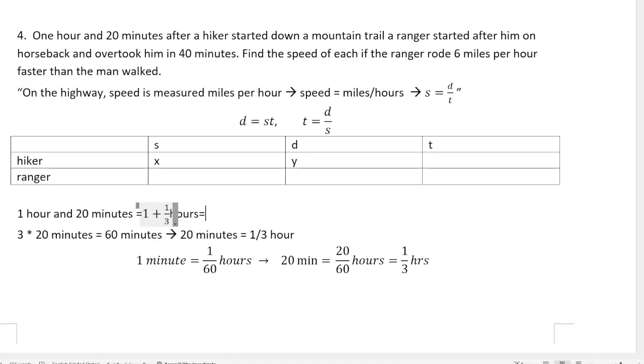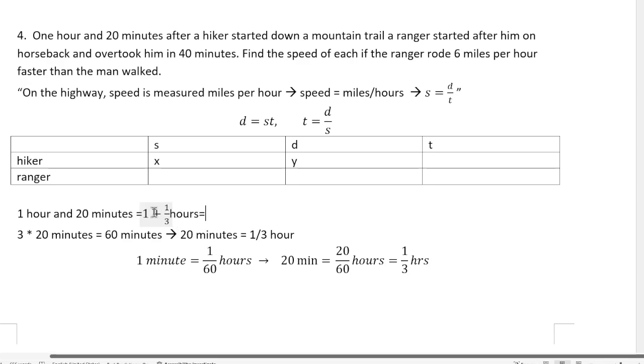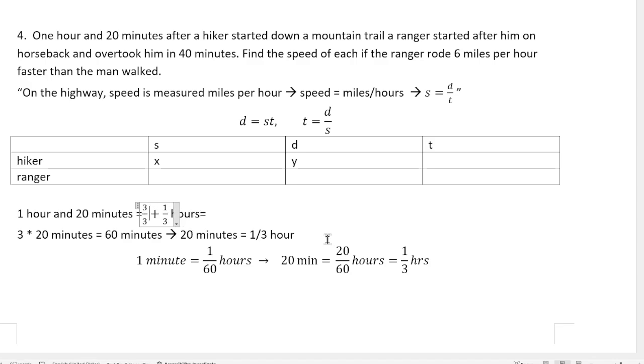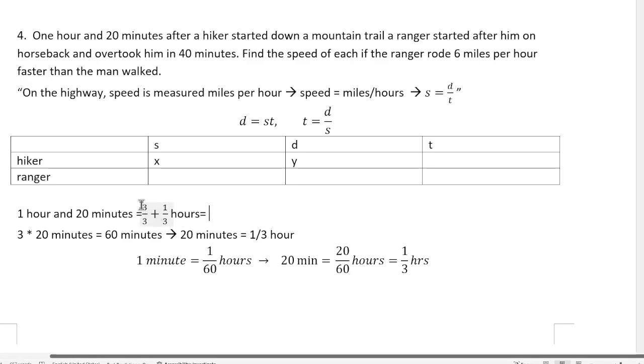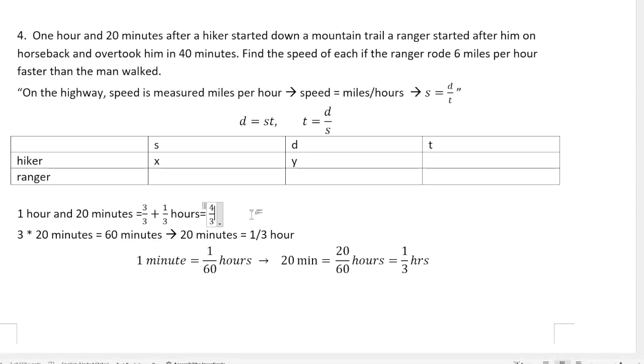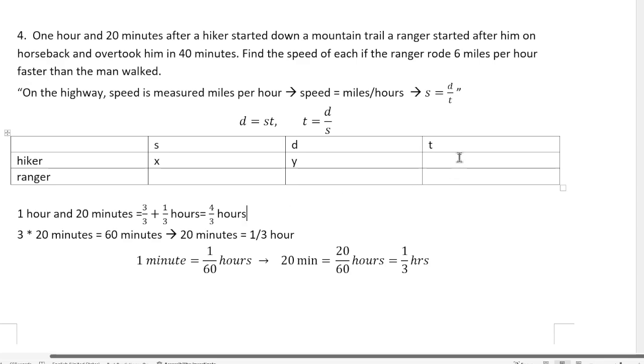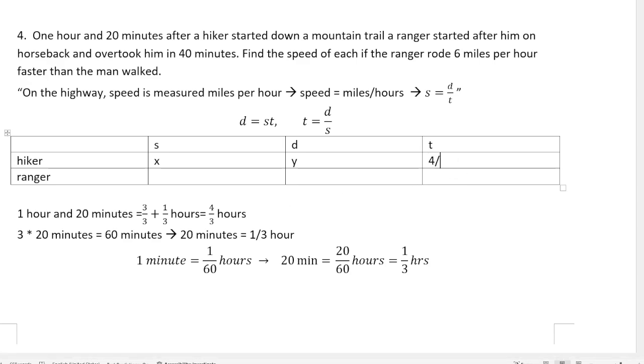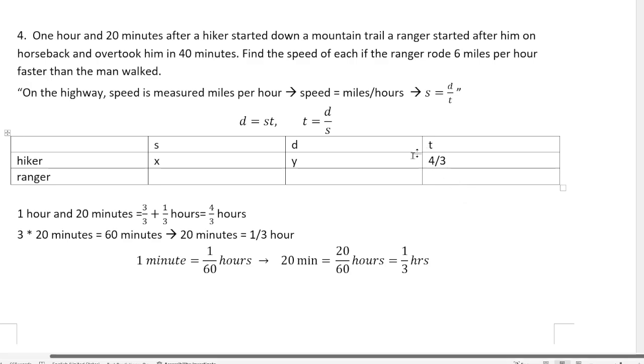But in pre-calculus, we don't use mixed fractions, so we'll make this improper by rewriting 1 as 3 over 3, so that if you add the tops, it's 4 over 3. So it's 4 over 3 hours. Okay, so that took a while, but with that hard work, we know that 4 over 3 is the time.